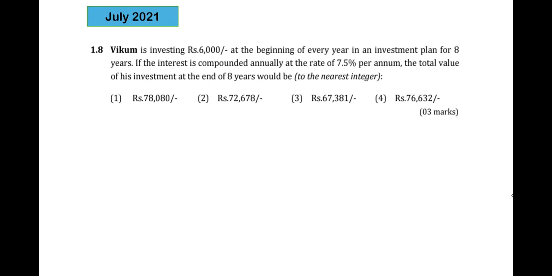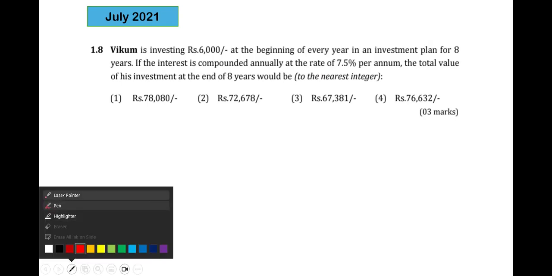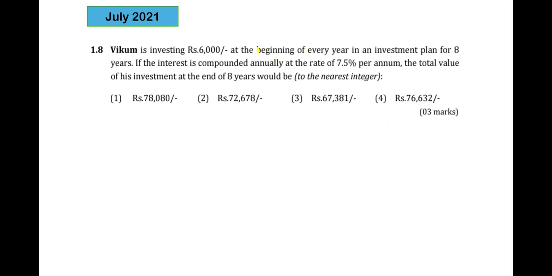If the investment is compounded annually at the rate of 7.5 per annum, the total value of this investment at the end of 10 years would be? Find the total amount after 10 years.